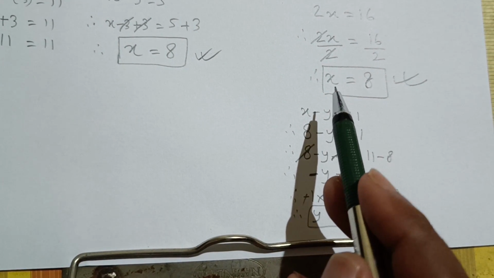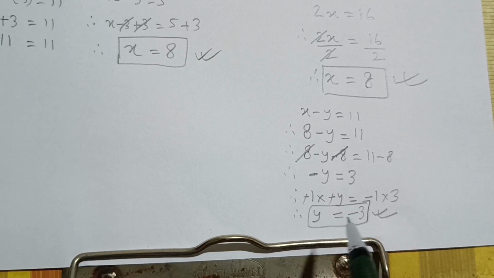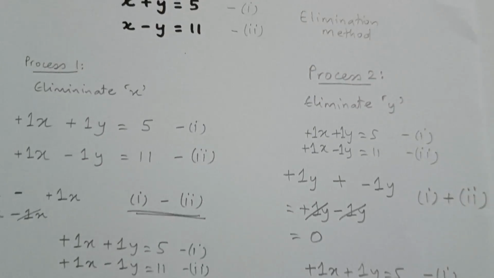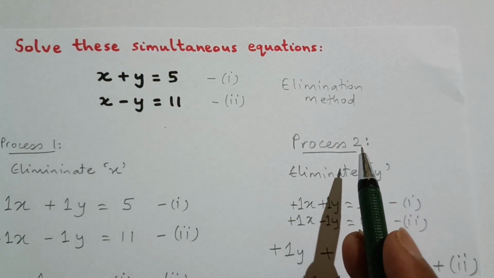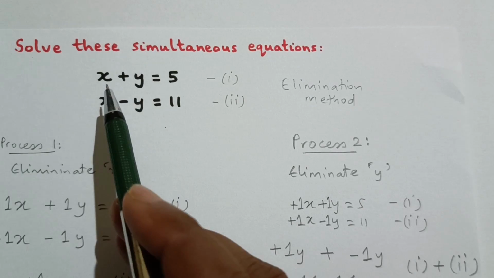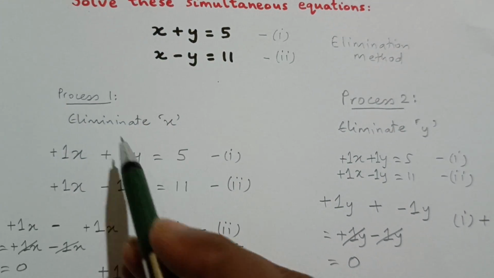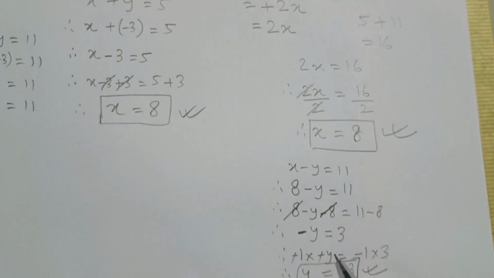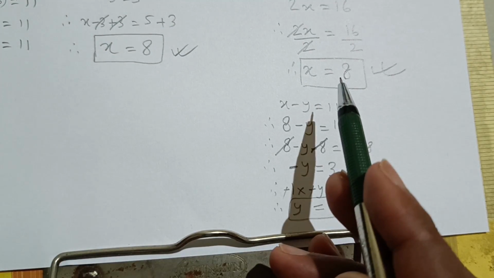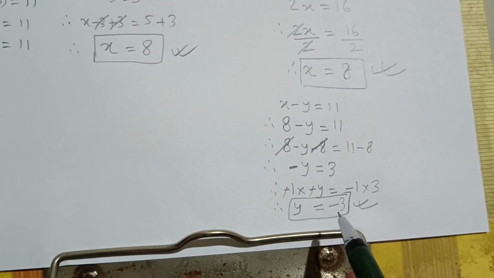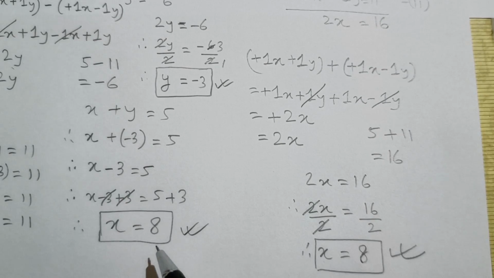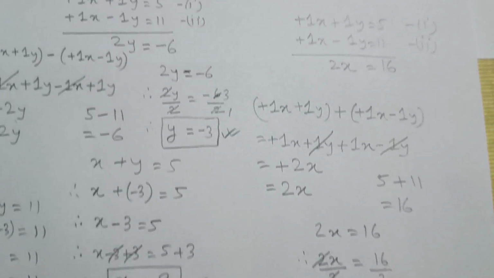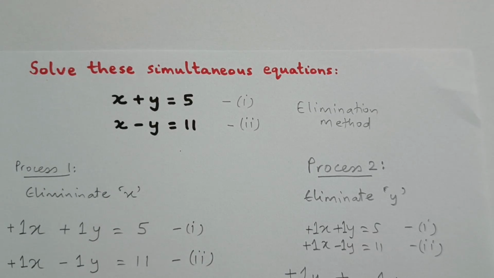So the value of x is 8 and the value of y is minus 3. So if you do by this process also, you will get the same value of x and y which you got in process number 1. So whichever process you do, you will get the same answer.